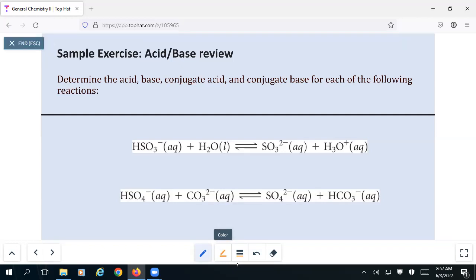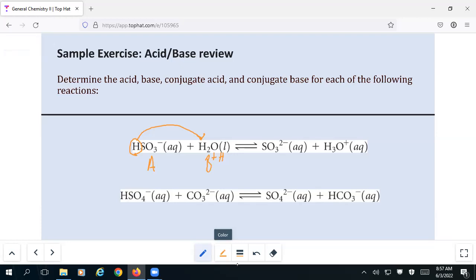So if I'm looking in the direction of the hydrogen ion, I can see the water turned into hydronium, so that meant it added the hydrogen. So the hydrogen ion must have gone from the bisulfite to the water. That means that this is acting as an acid and this as a base.